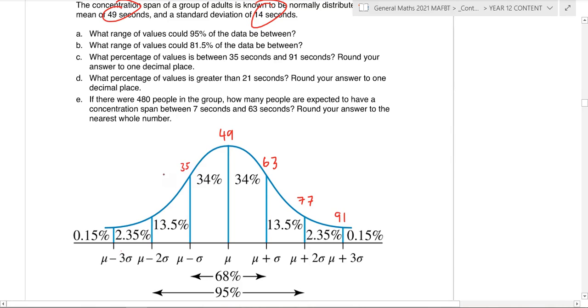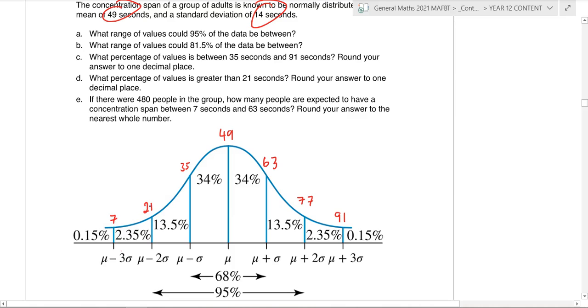Another standard deviation, so two standard deviations, is minus 14, minus 14. So 35 minus 14 is going to be 21. And then from there, another standard deviation from 21, so it's going to be 3 standard deviations, which is here. It's going to be 7.